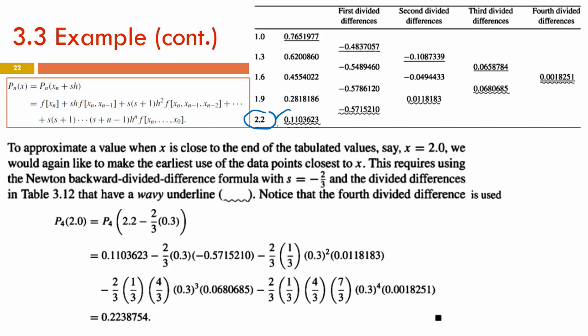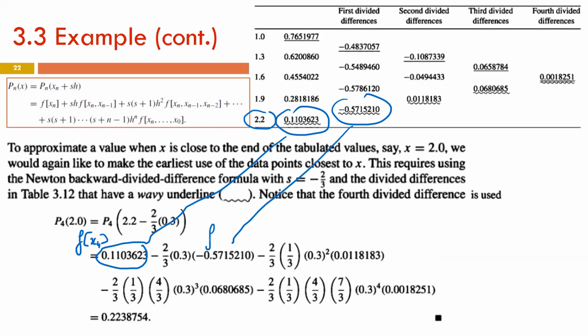Okay, so you see here, we use this value, f x4. We'll use here this value, f x3 x4. We'll use this value, f x2 x3 x4. Okay, we focus here close to our point of interest x.